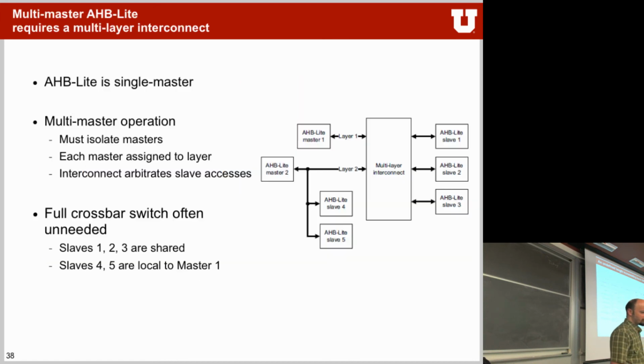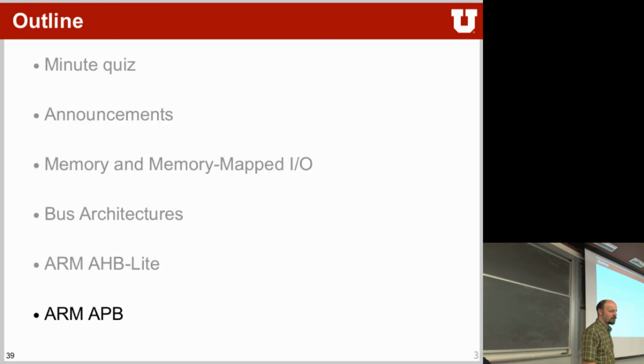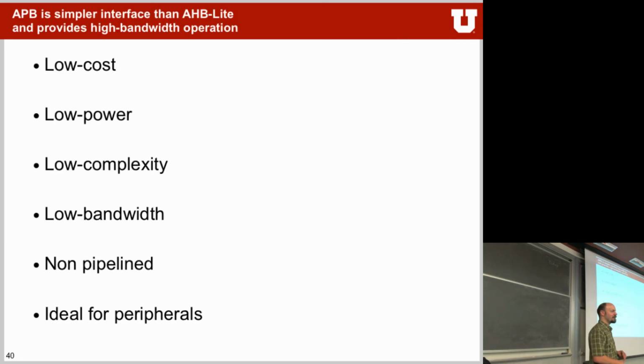Okay, the bus that you will deal with more often, let's jump over to the APB bus, because this is the bus that you will actually use in your labs. It's a lot easier, trust me. Fewer signals, it's lower cost, it's lower complexity, but it also has lower bandwidth. It's non-pipelined, so you don't have multiple transfers happening at the same time during the same clock tick.